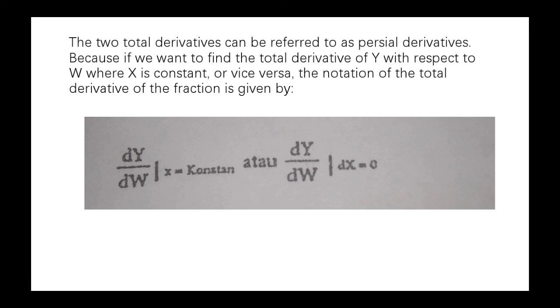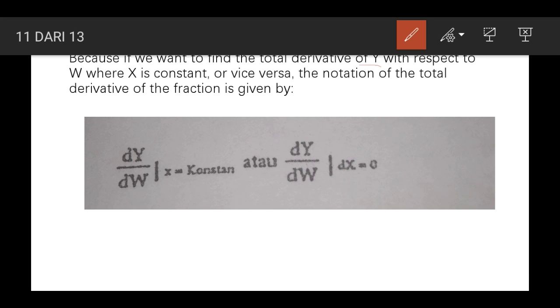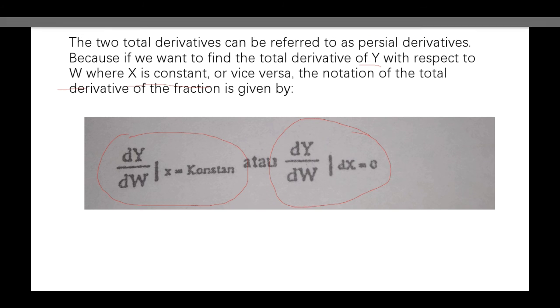So we can see the total derivative can be referred to as partial derivatives, because if we want to find the total derivative of y with respect to w where x is constant, or vice versa, the notation of the total derivative is given like this.